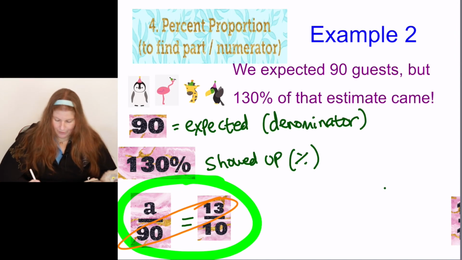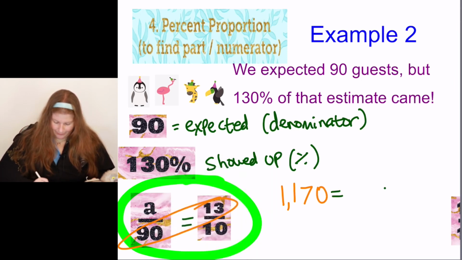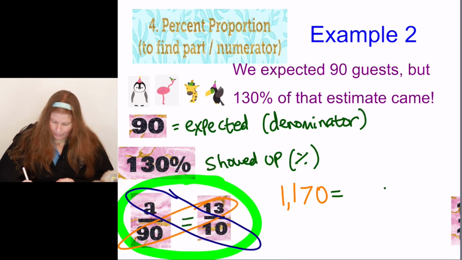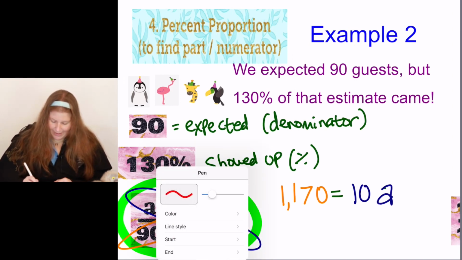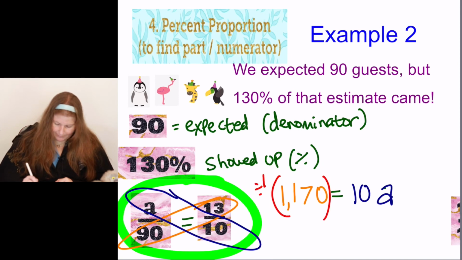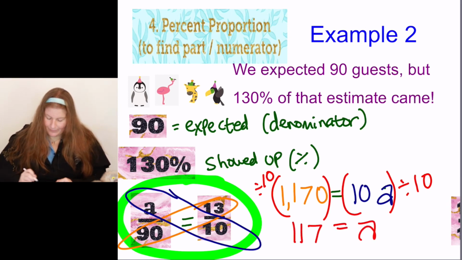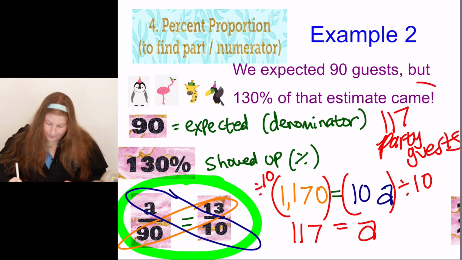I get that that is equal to 1,170. I know that that is equal to 10 times a, or 10a. Thankfully, those numbers are both very easy to divide by 10. And I'm left with 117 is equal to a. So that means that we actually had 117 party guests show up.